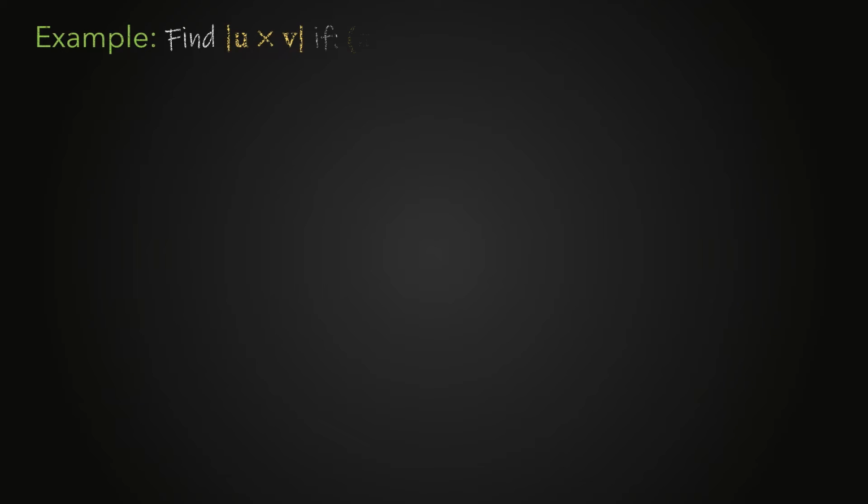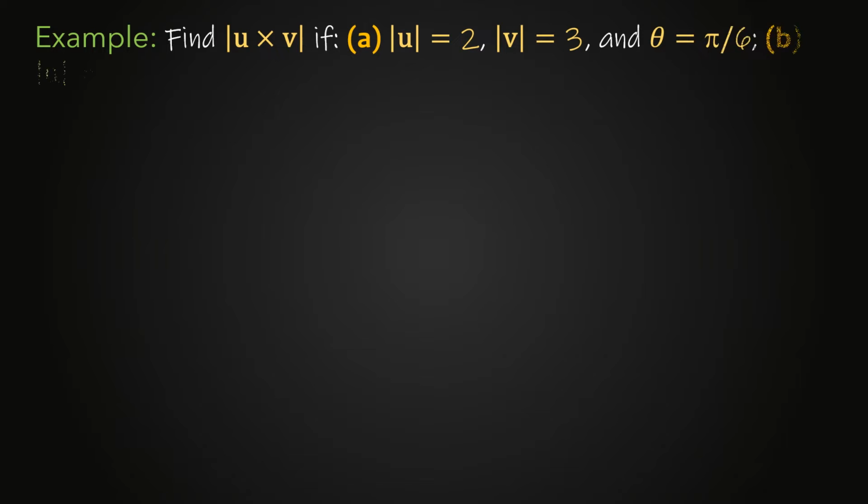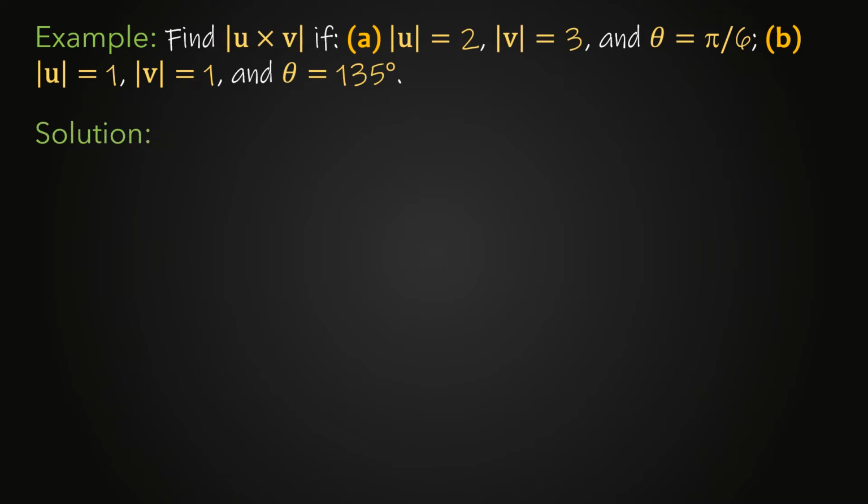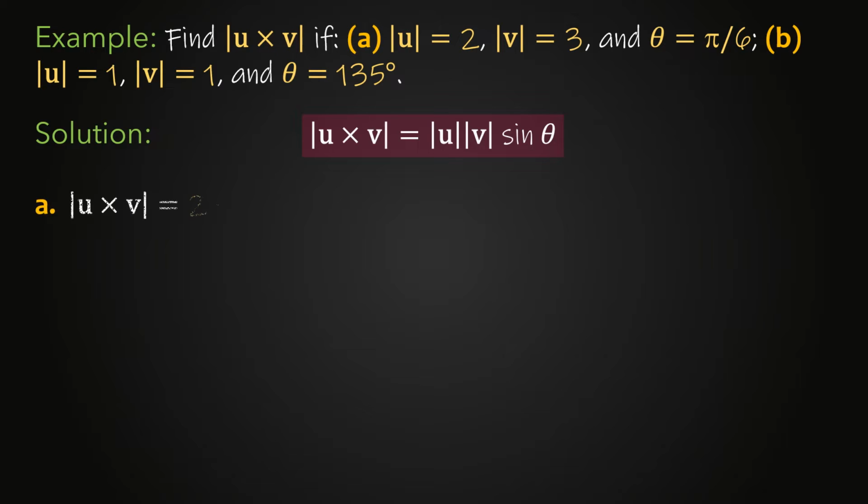Example: find the norm of the cross product of two vectors if they have the following characteristics. Solution: the norm of the cross product is the product of the norms times the sine of the angle between the vectors. A. Substitute the norm of u as 2, the norm of v as 3, and θ as π/6.